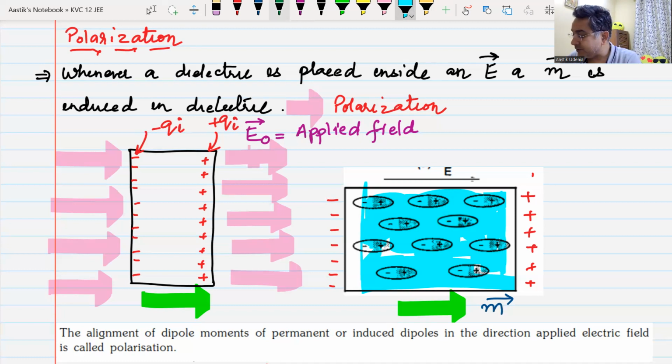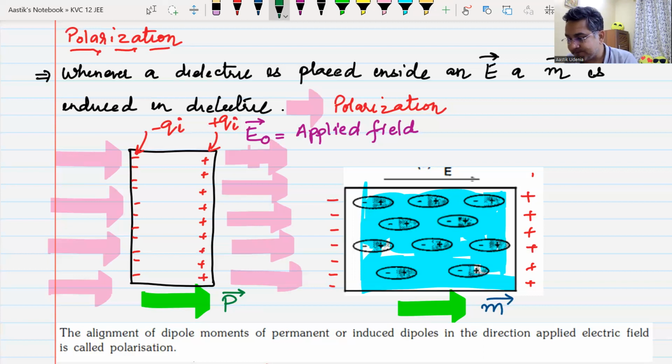The dipole moment P vector is in this direction. In what direction will the field be which is created inside this dielectric because of the positive and negative charges appearing? It's a very simple question. What would be the direction of the electric field?